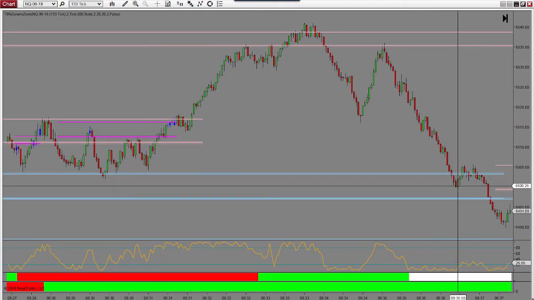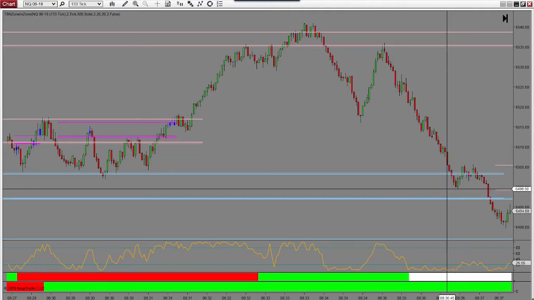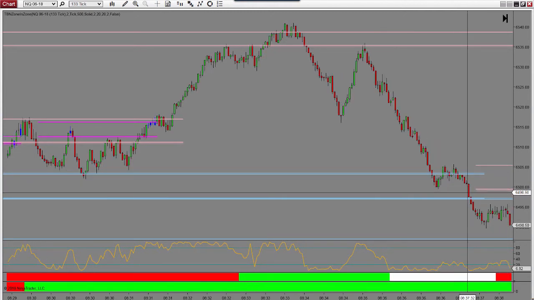Okay, I'm back inside of this original zone. And let's see if I have divergence in here. My stoch is at 0, and right here, my stoch is also at 0, so there's no divergence in there.